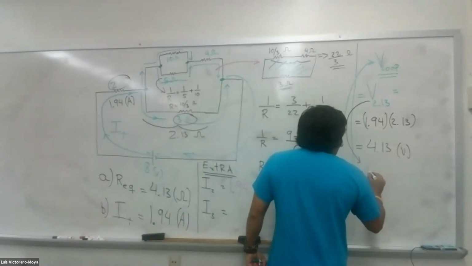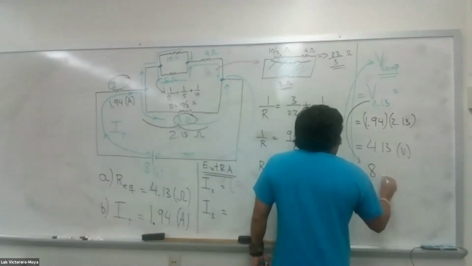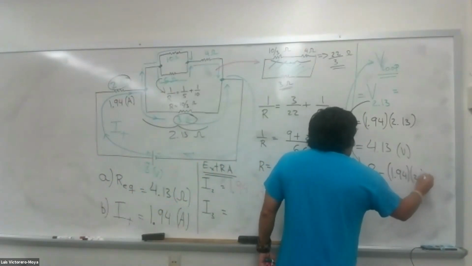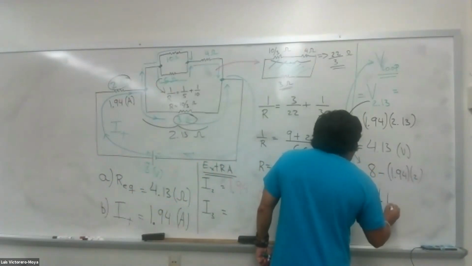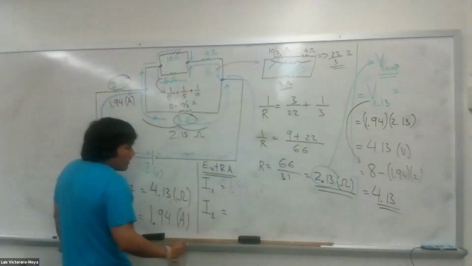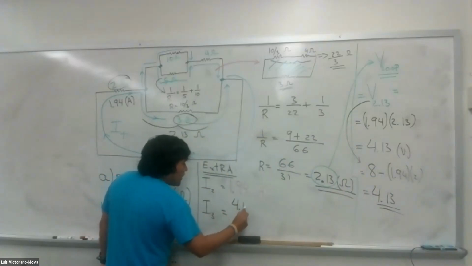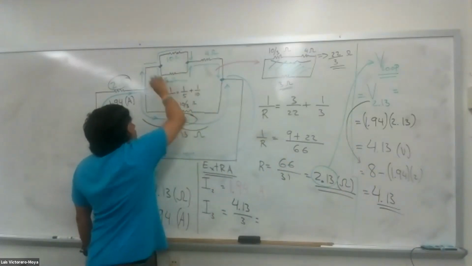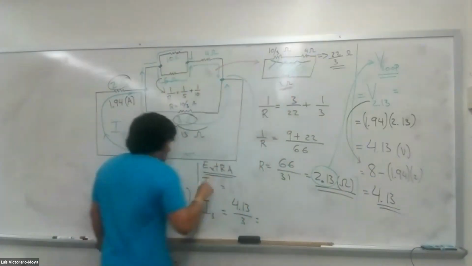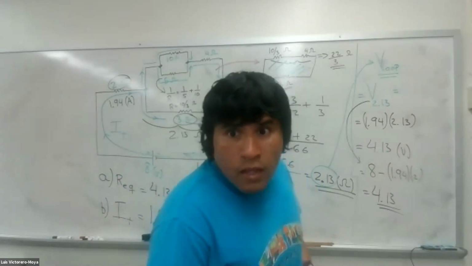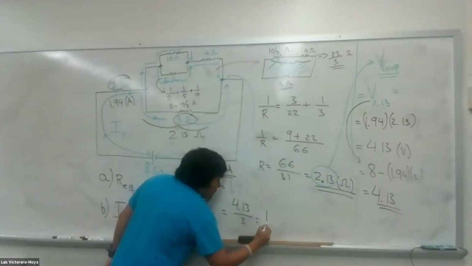So you can also use 8 minus 1.94 times 2. That gives you also 4.13. So why do I need that? Because the current on 3 will be 4.13 divided by 3. Why? Because the voltage here is the same as the voltage here, right? So that current will be 1.38 amperes.